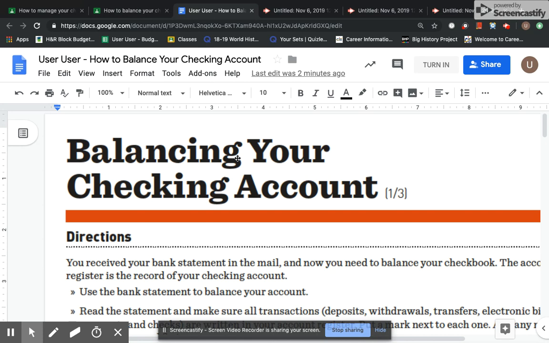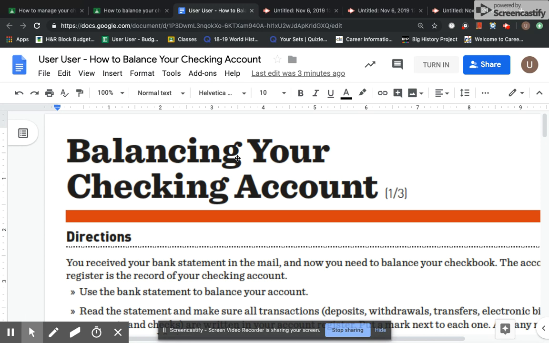Dates will never be exact. Amount should be exact. So approximate date, exact amount, similar payee, the person that's paid. So we're going to look for a match. Once we find a match, we're going to check both records. We're actually going to write on the bank statement and cross it out, and then check it in our check register. That's step 1. We're going to find all the matches.